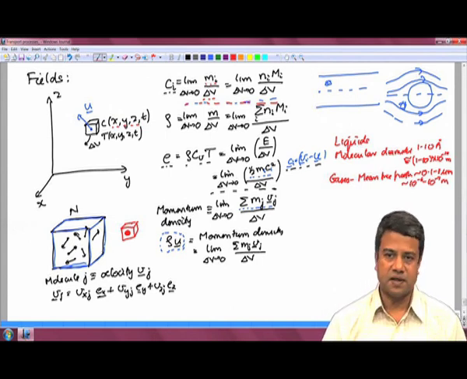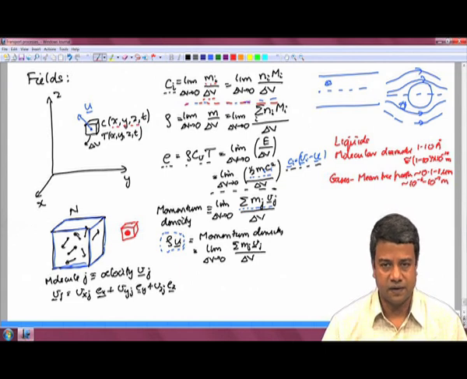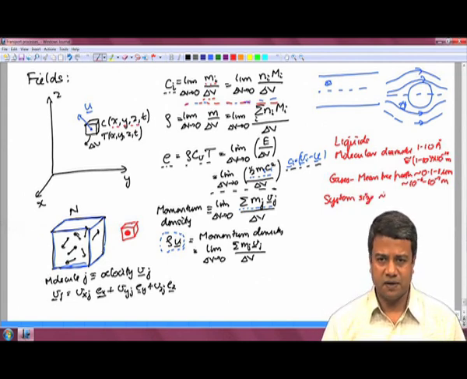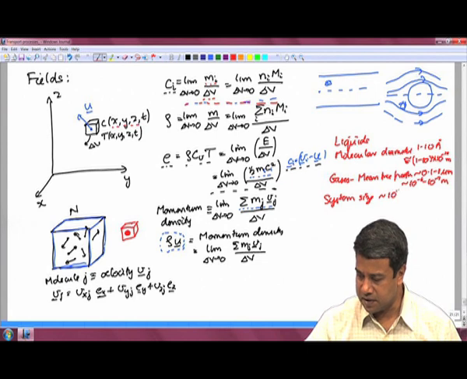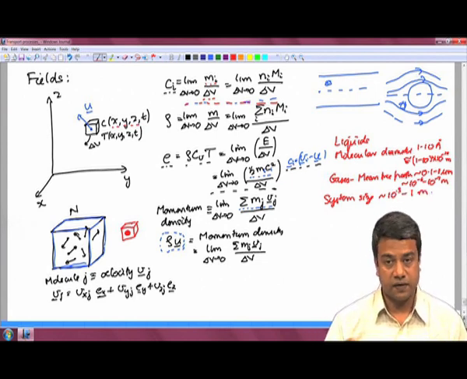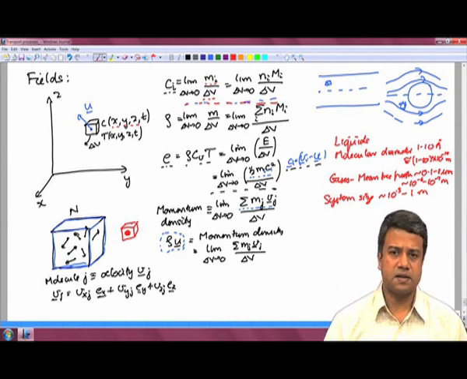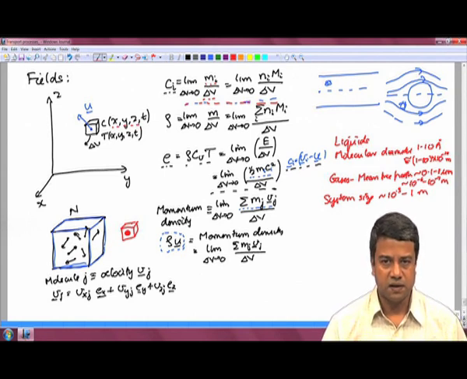for systems that we consider normally in our everyday life, system sizes are typically of the order of 1 millimeter, 10 power minus 3, to about 1 meters, or even larger. In the case of large tanks, it could be even larger. But we rarely consider systems which are less than a millimeter, unless we are considering very specific applications such as microfluidics.